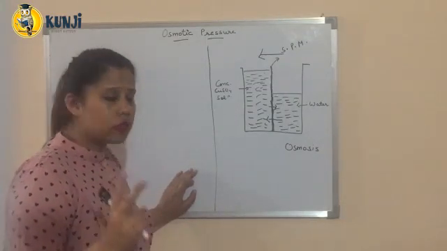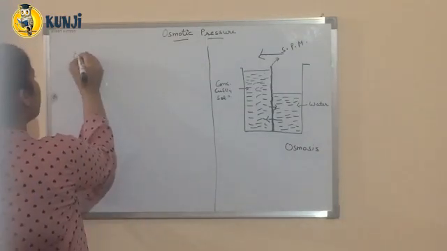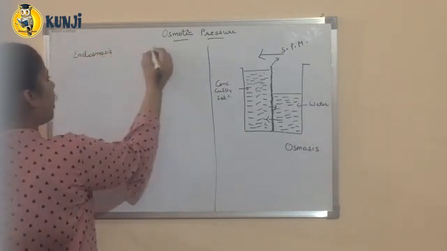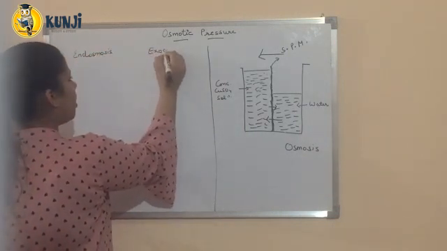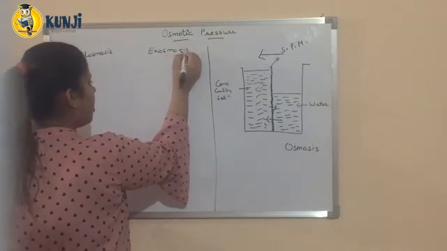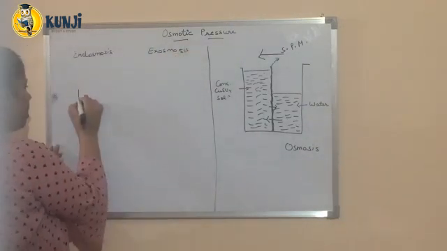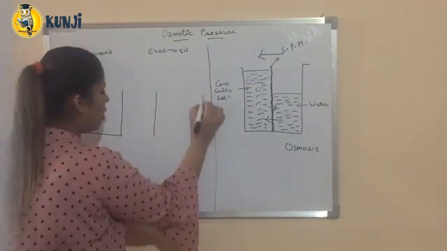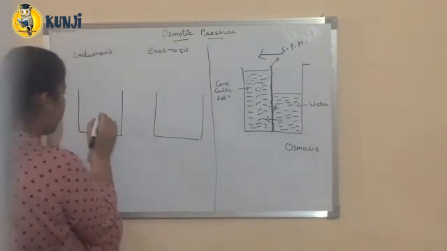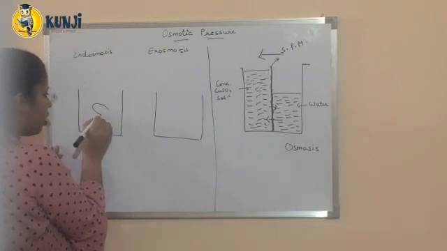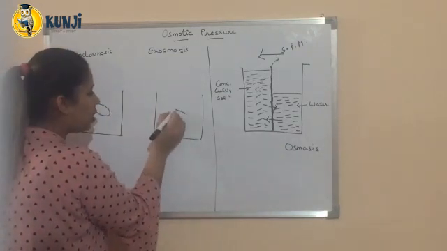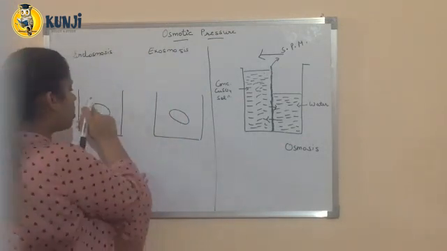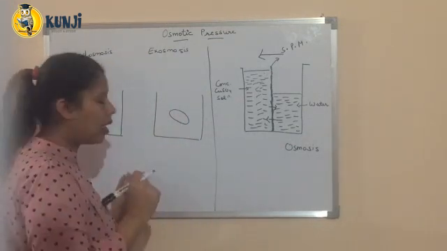Now osmosis is of two types. One is endoosmosis and the other one is exoosmosis. Let's take an example. I am taking two beakers in which I am putting an egg whose outer shell has been removed with the help of dilute HCl.